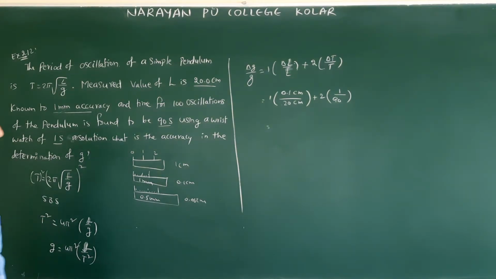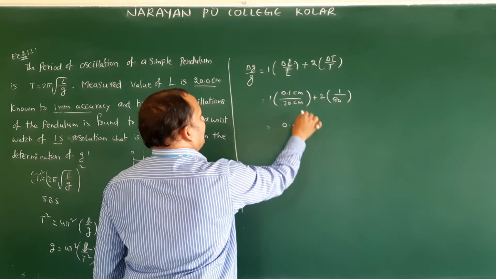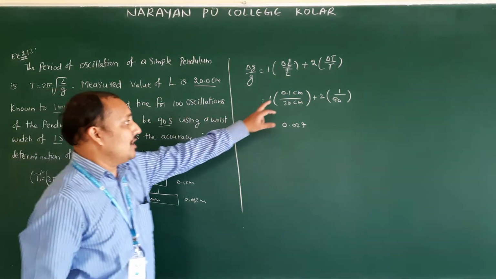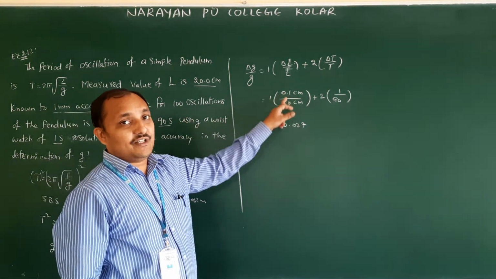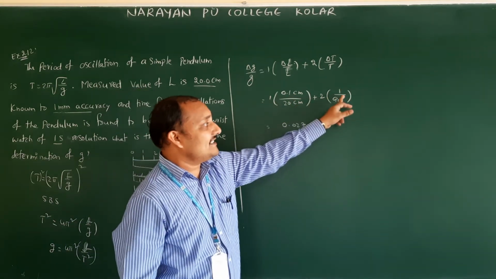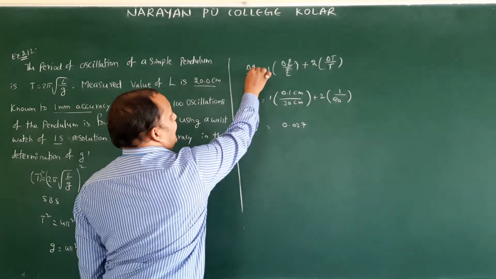They gave almost 0.027. You can solve this one. Here some people will write this 1 mm directly, 1 by 20. If they do that, it is wrong. Why? Because both should be in the same units. This is seconds, this is centimeters. 0.027 they gave. So this is delta g by g.